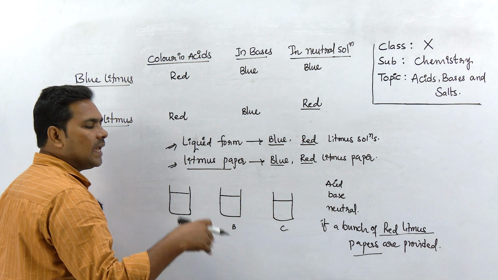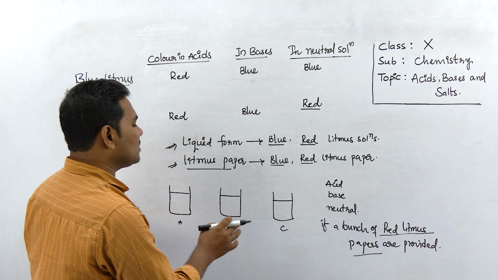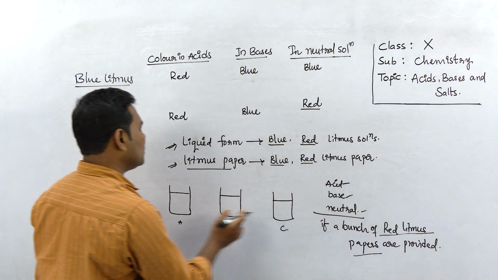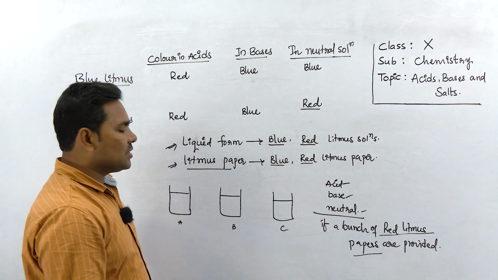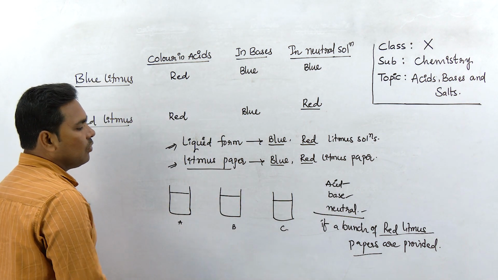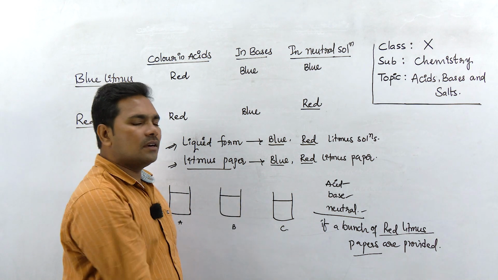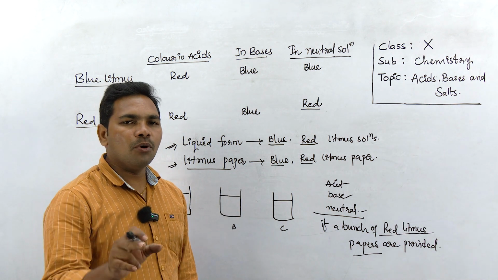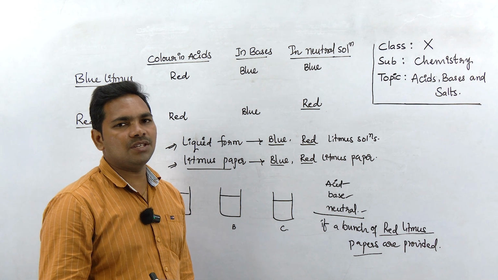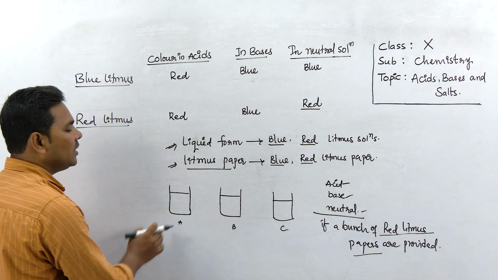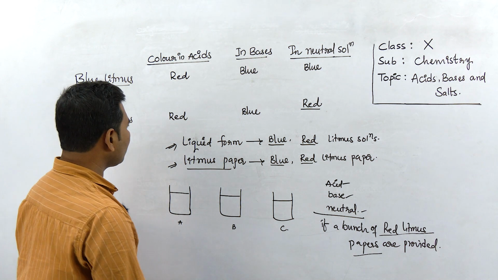So we can use any number of red litmus papers to identify the acid, base and neutral solutions out of these three solutions given. How can we identify the three different solutions? You pause the video and think, how can we achieve this? If you can't get the answer, then resume the video and listen to the answer.